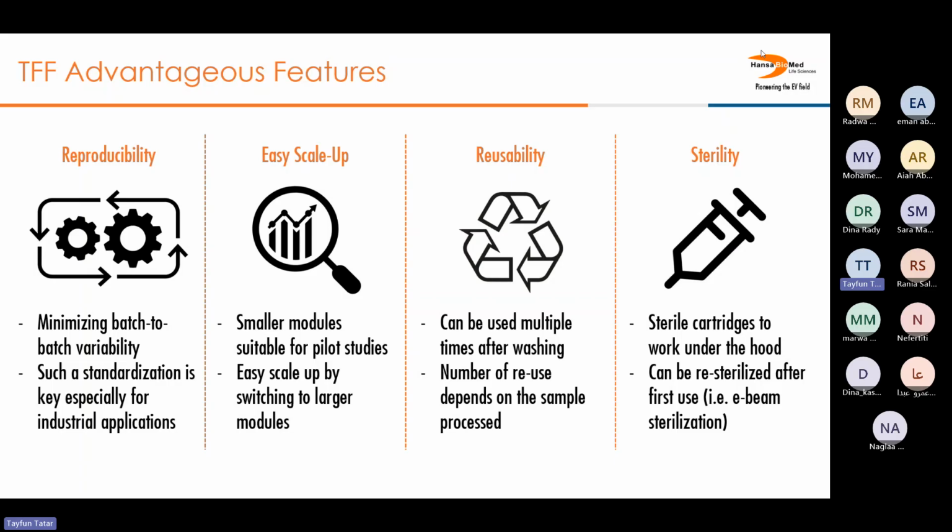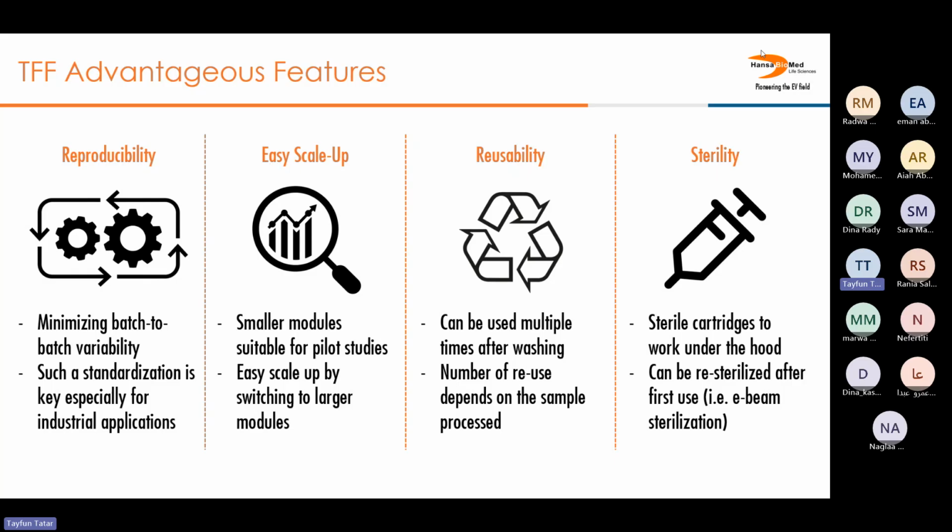And since this is a gentle method which doesn't apply high force or pressure on EVs, or include any chemical reaction, either covalent or non-covalent, this is a reproducible method.